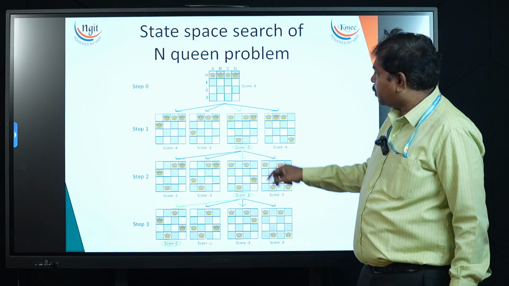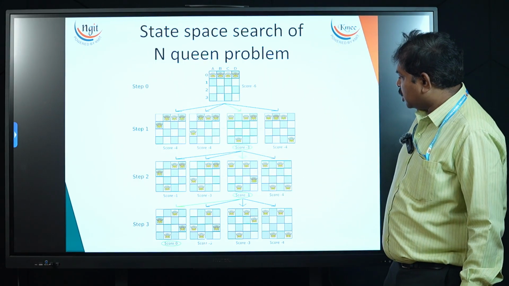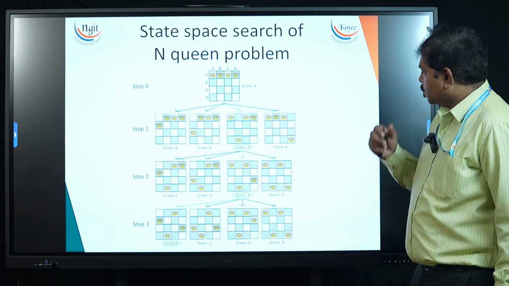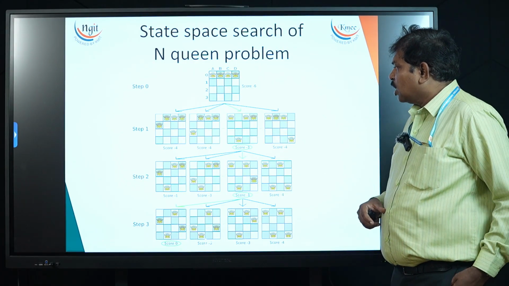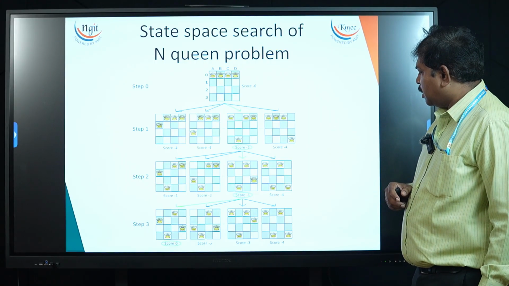If they successfully place these 4 queens in their corresponding positions such that it satisfies all the constraints, the basic constraint is that no 2 queens should oppose each other. They should not be placed in a vertical, horizontal or diagonal line.